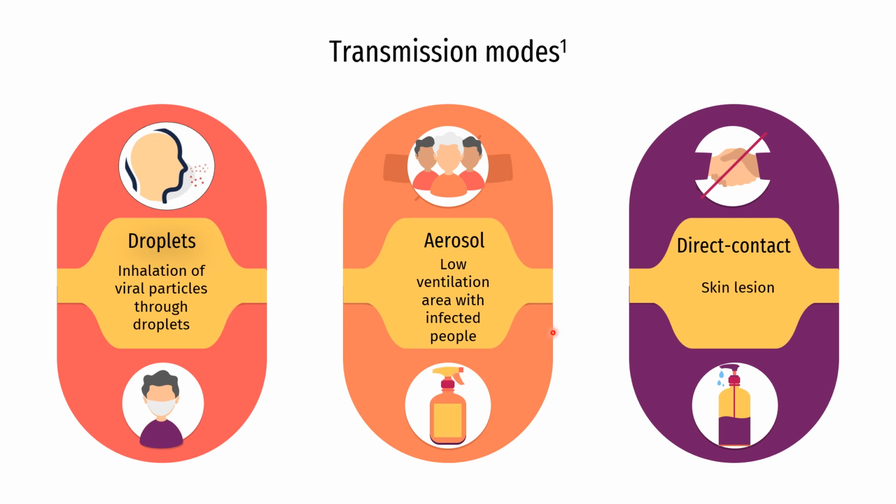You can also be infected if you sit inside a low ventilation area with infected people who produce aerosol around that area. However, direct contact with the skin lesions is also a common mode to spread the disease. After entering the host, VZV targets the T lymphocytes, epithelial cells, and dorsal root ganglia of the nervous system to accomplish an infection.